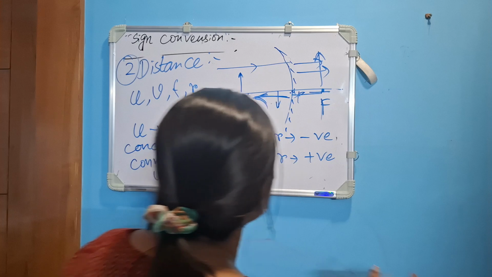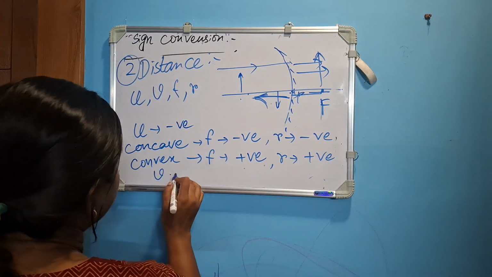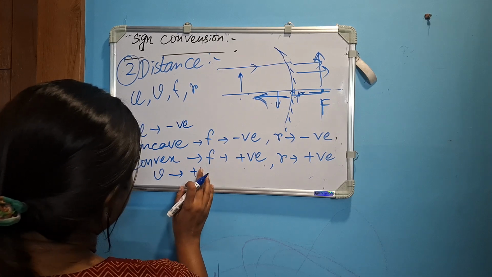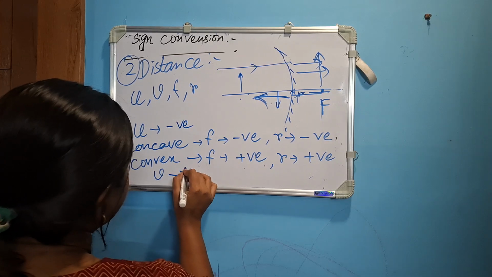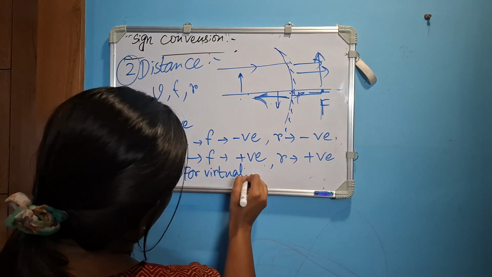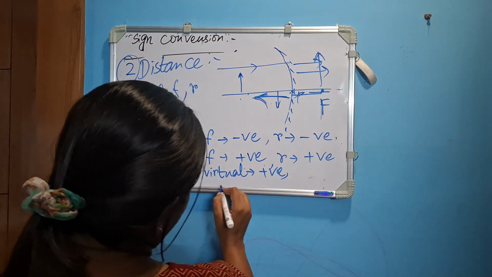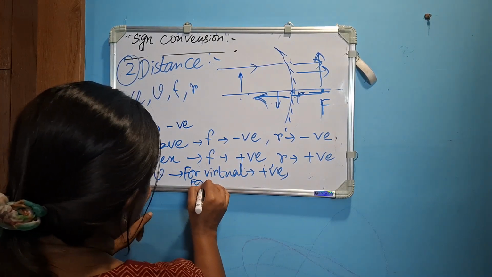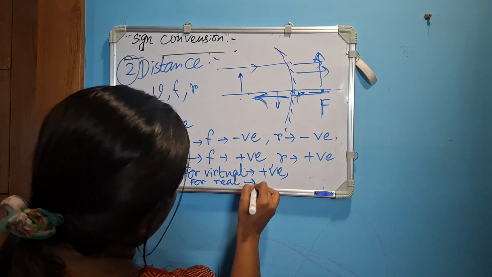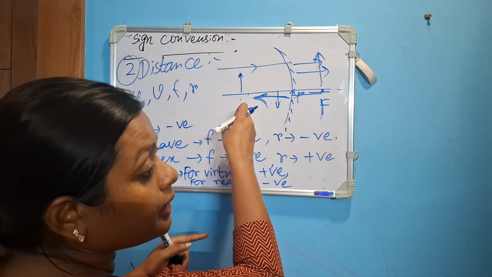Like for the virtual one, which will form behind the mirror, V will of course be positive. V for virtual, positive. And for real, negative, because the image will form in front of the mirror.